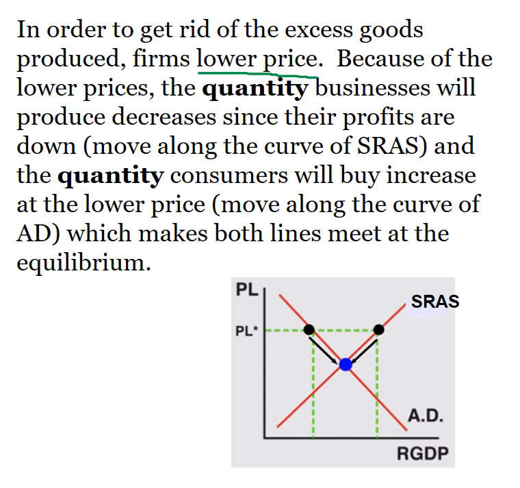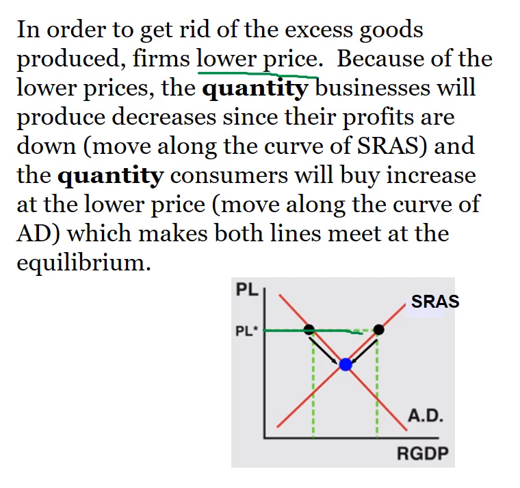Now, if the aggregate price level falls in the economy, is that going to be a shifter or a non-shifter on this model? A change in overall prices, APL, is the non-shifter, and that's why the quantity of both lines are changed. So you can see we were here at this PL star.